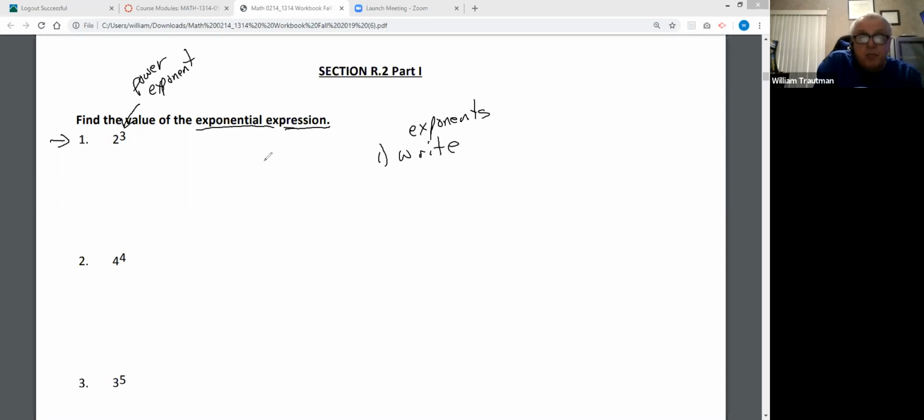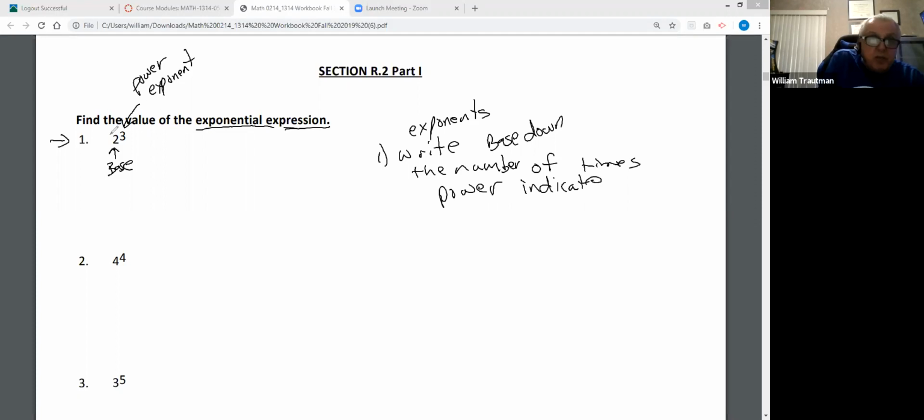By the way, the 2, the number that the exponent is attached to, is called the base. Write the base down the number of times the power indicates.